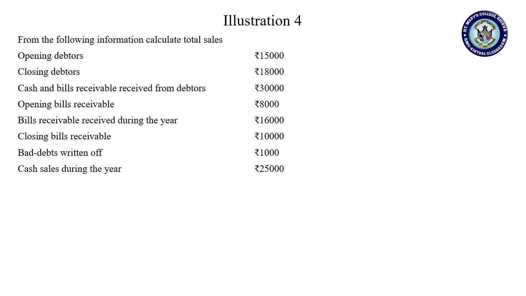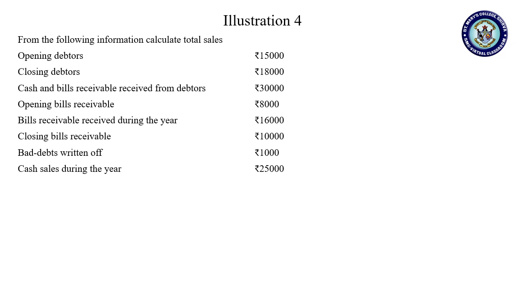It is bills receivable account debit to debtors account. That is the journal entry you are going to pass for bills receivable received. So bills receivable received, it is bills receivable account debit to debtors account 16,000.